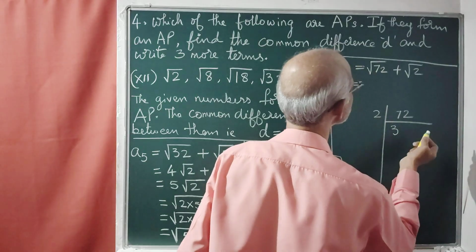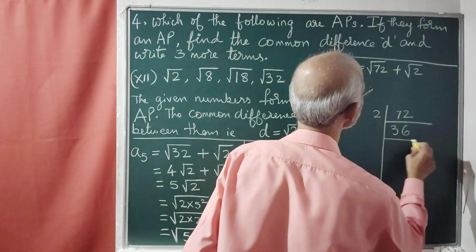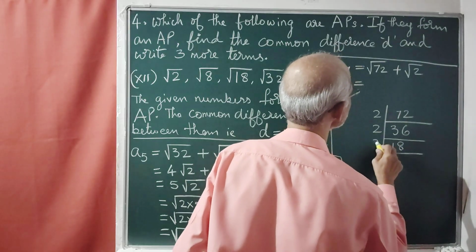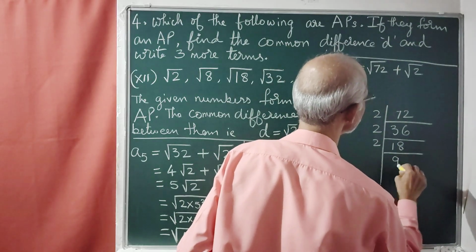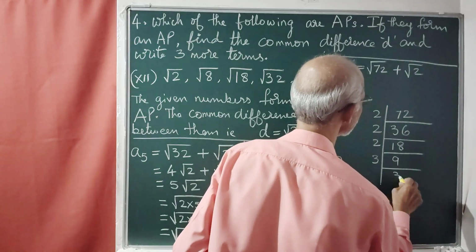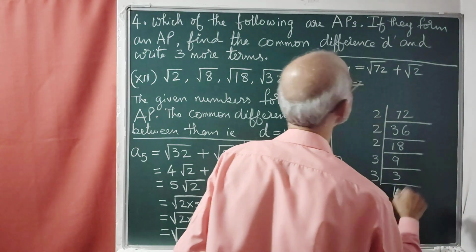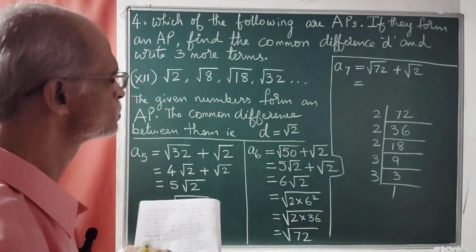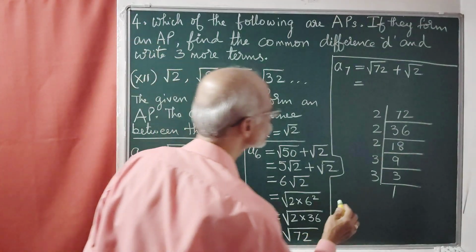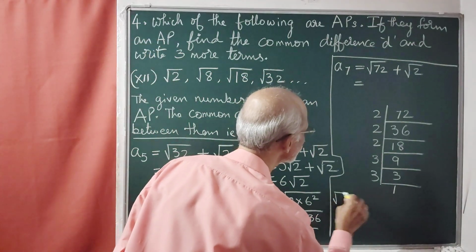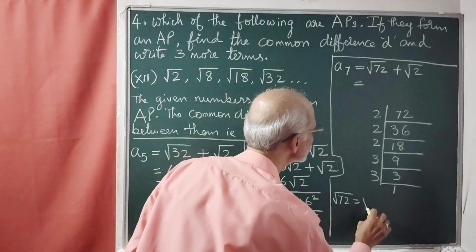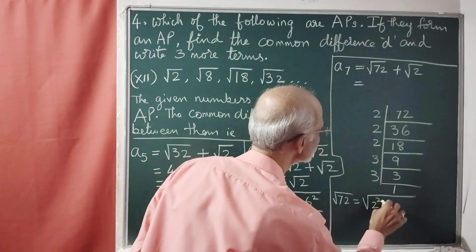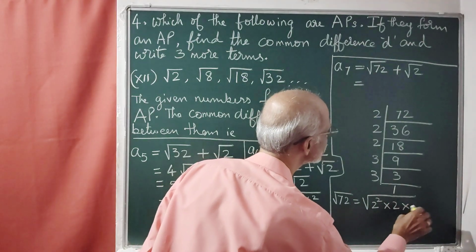I will find the prime factors of 72. 2 3s are 6, 2 6s are 12, 2 1s are 2, 2 8s are 16, 2 9s are 18, 3 3s are 9, 3 1s are 3. So root 72 is equal to root of 2 square into 2 into 3 square.